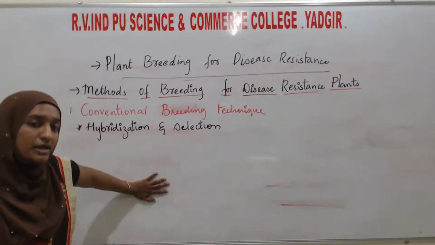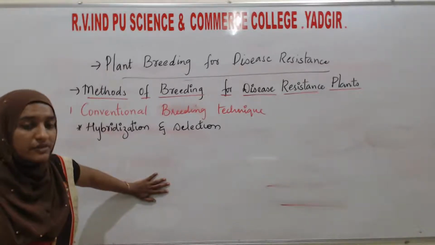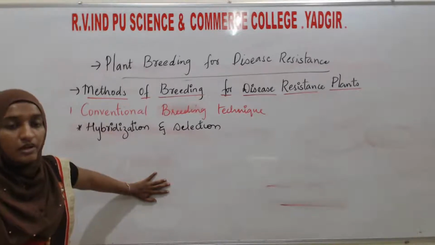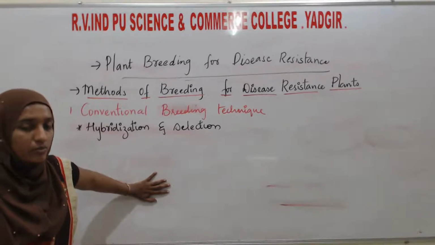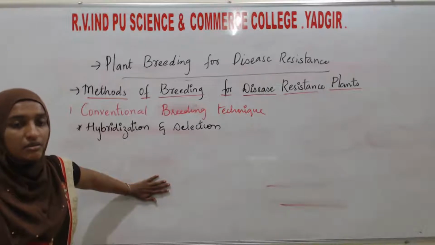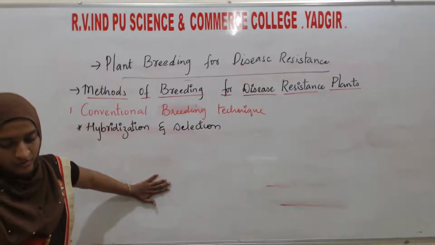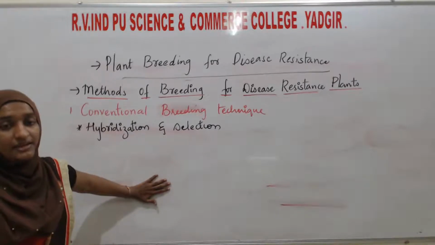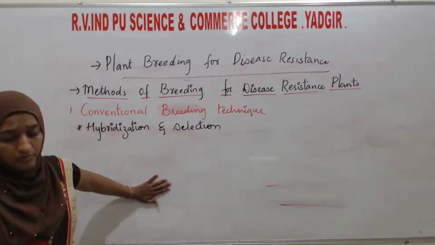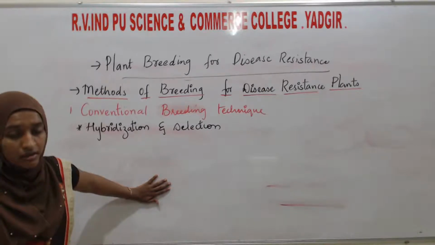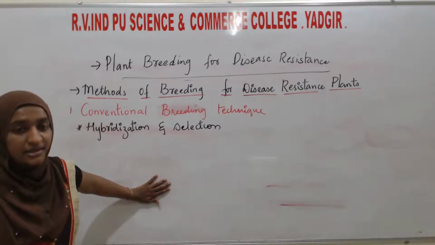Whatever we discussed in the last classes about plant breeding technique, there are 5 steps. Those steps you can see here in the conventional method for breeding disease resistance plants. These steps are essentially identical to those for breeding for any other economic characters such as high yield.